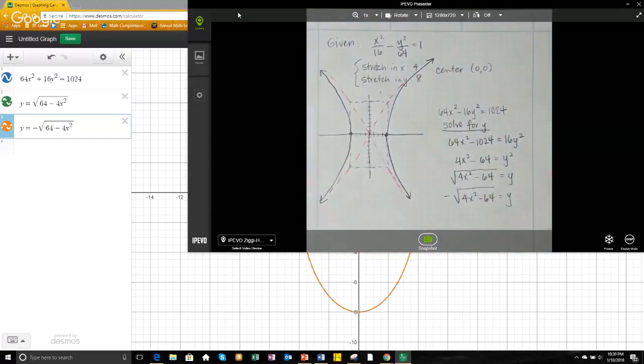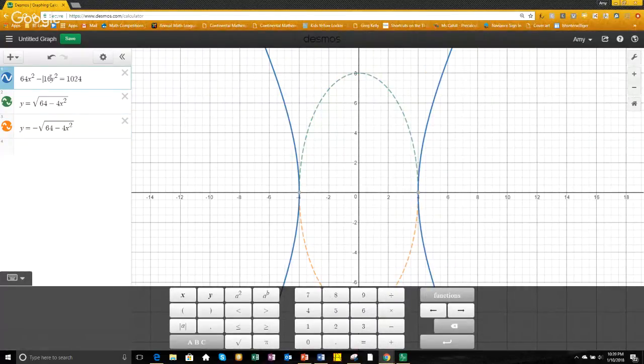Okay, so let's go back to Desmos here and make this negative. Oh, there it is. You see that what that does when you make this negative is it takes the ellipse and breaks it in half and kind of opens it left and right. And now let's change these around.